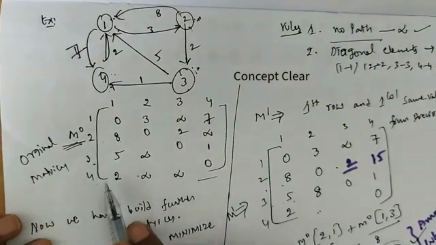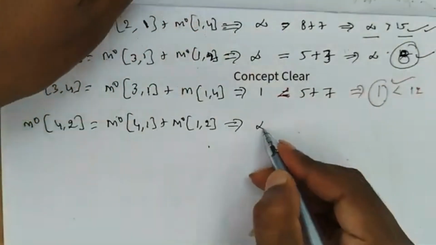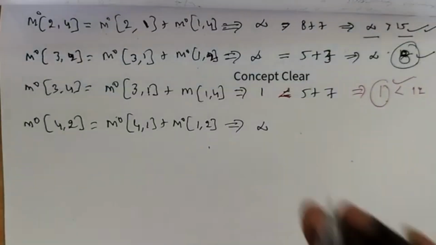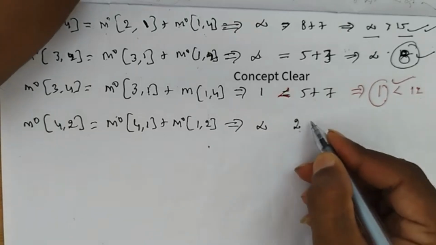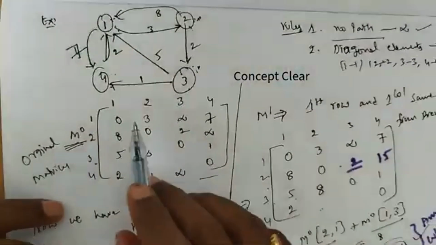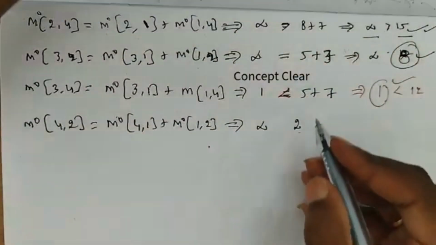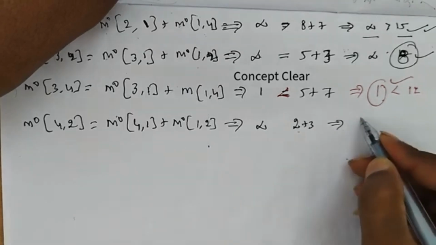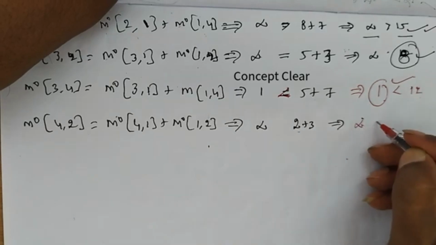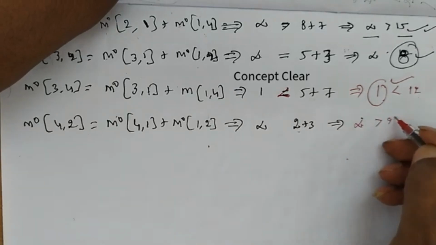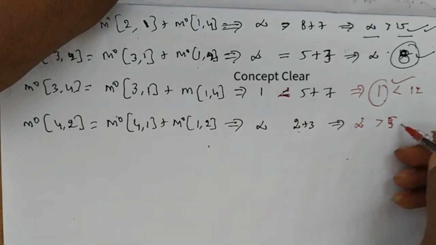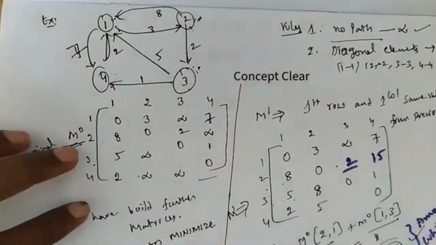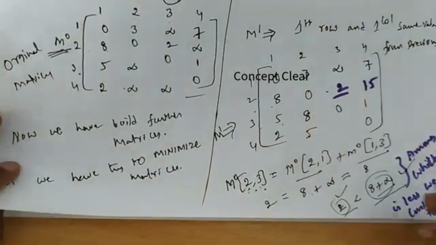The 4 comma 2 value is infinity. Next, the 4 comma 1 value is 2, and the 1 comma 2 value is 3. So it is 5. By comparing these two, infinity is greater than 5. Here the least value is 5. So we take this value as 5.